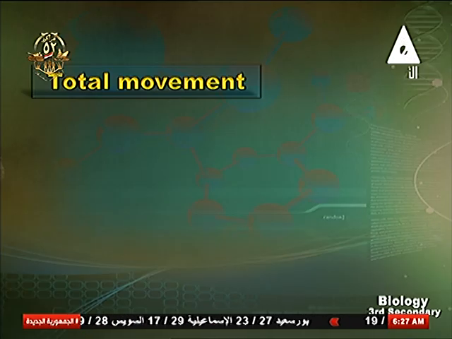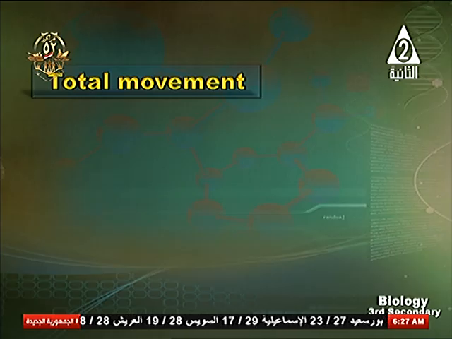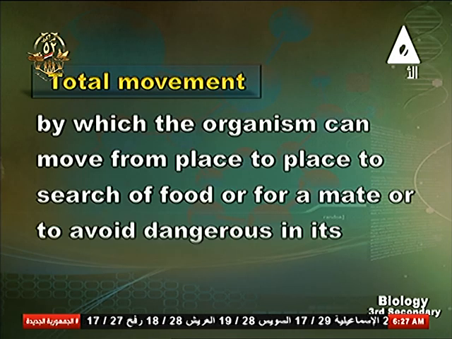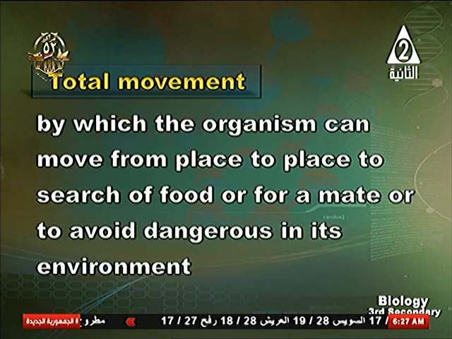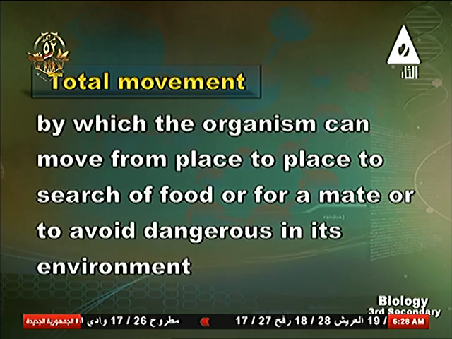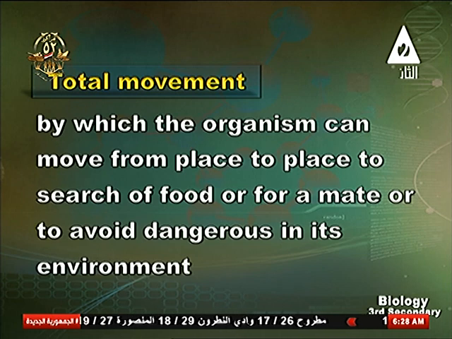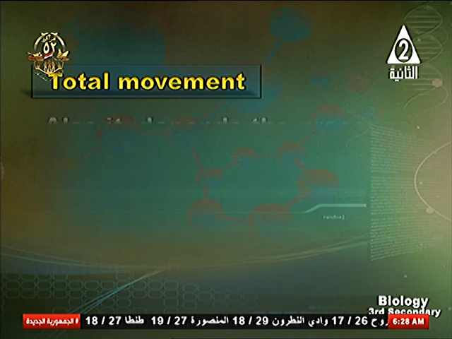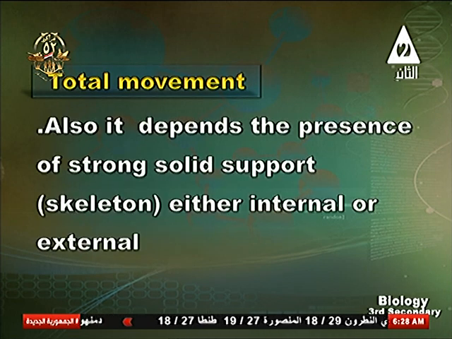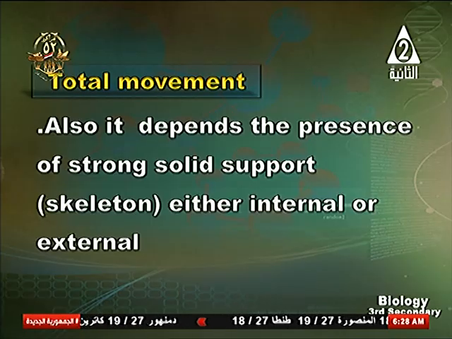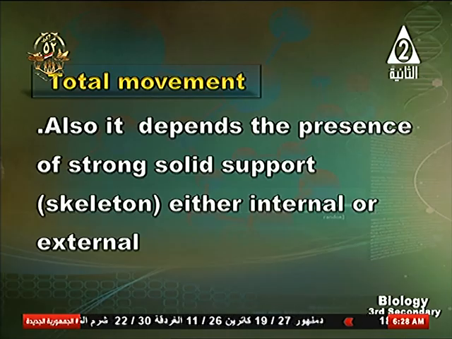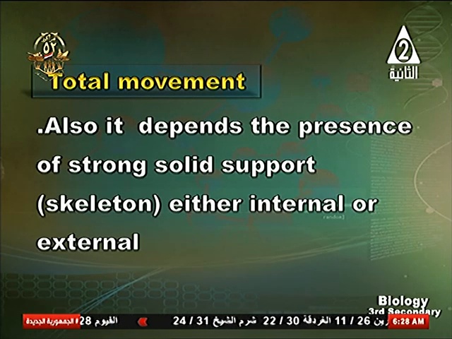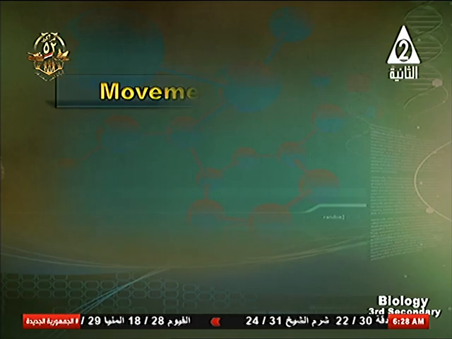This is the total movement, the movement of the whole entire body, by which the organism can move from one place to another to search for food or for a mate or to avoid dangers in the environment. Total movement depends on the presence of strong, solid support: a skeleton, either internal or external. An internal or external skeleton helps the body to move from one place to another.